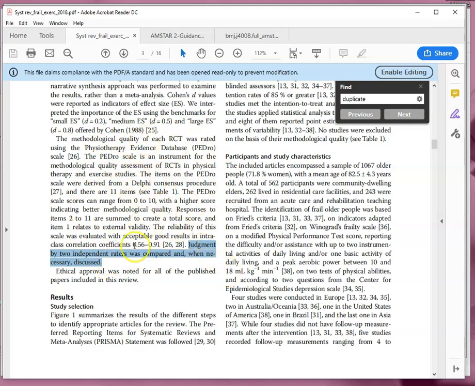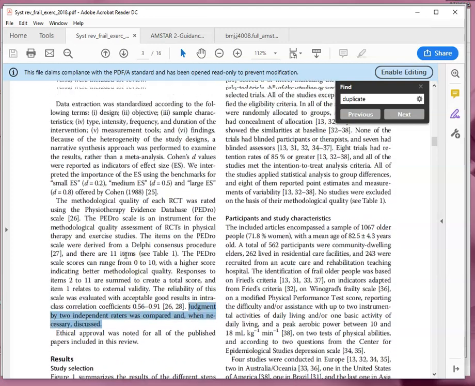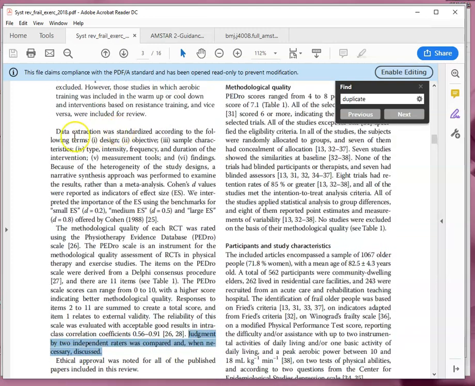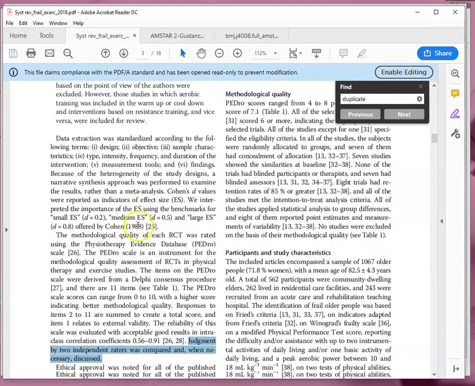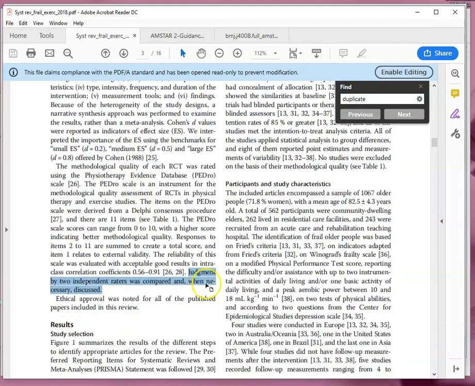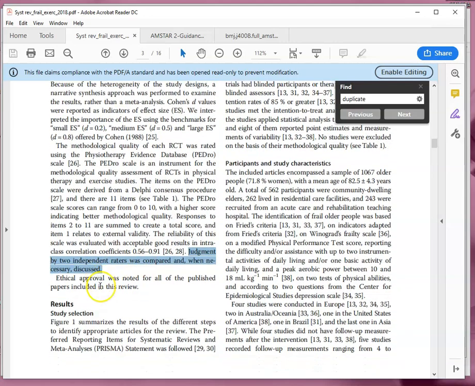The PEDro scale was done by 2 independent raters, but they don't write that they have done the study selection and the data extraction with 2. But this one was done by 2. So it's poor reporting, I think.